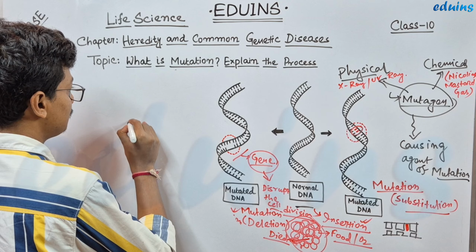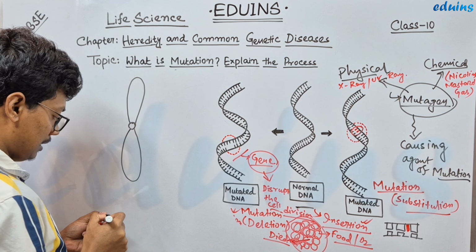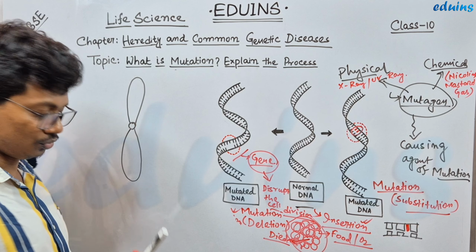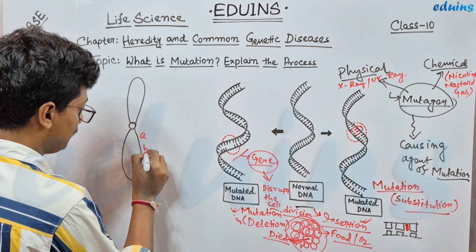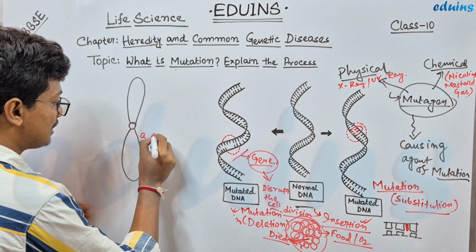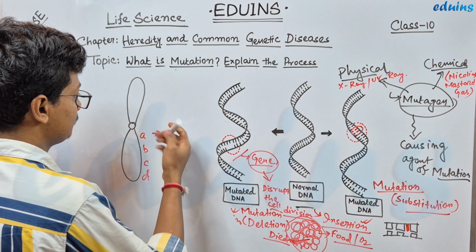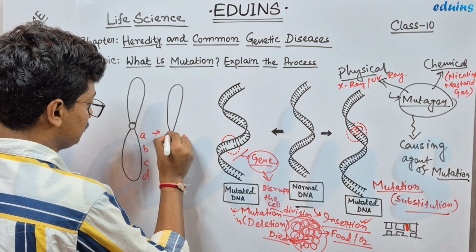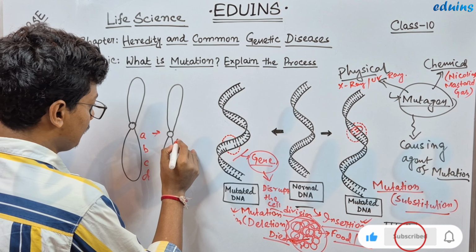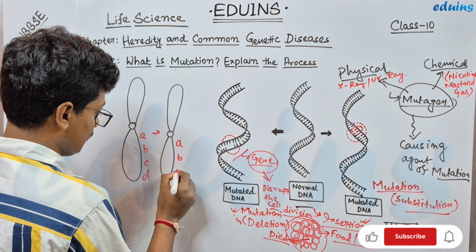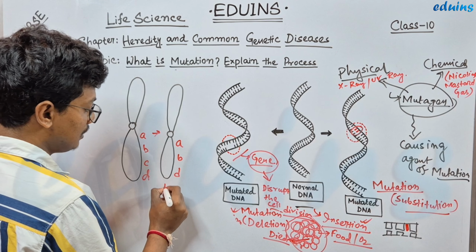But in case of chromosome, like this is a normal chromosome with genes like A, B, C, D. Sometimes the chromosomal mutation looks like this, where the C part gets deleted. This is the deletion.